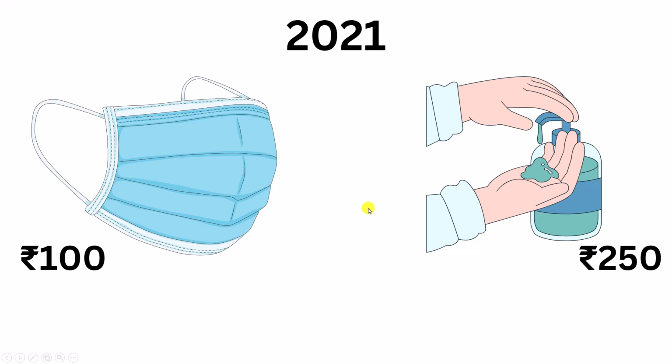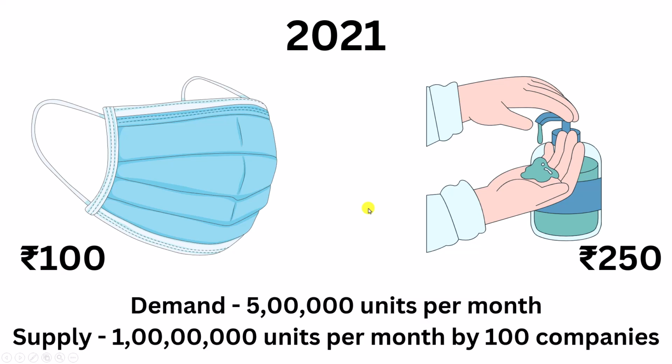So what happened was there was a decrease in demand. Initially it was high and due to relaxed rules the demand decreased. But the problem was the supply was still high.